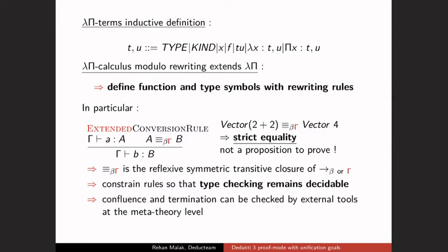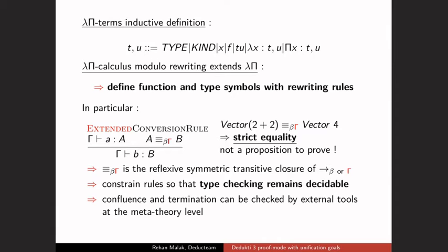So in particular, you have this extended conversion rule that allows you, if we go back to our vector example, to have a strict equality between vector 2 plus 2 and vector 4. It is not a proposition to prove where we should keep in mind the witness of the proof. It is a strict equality.